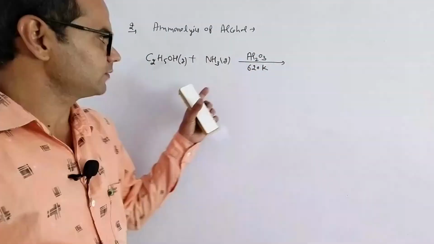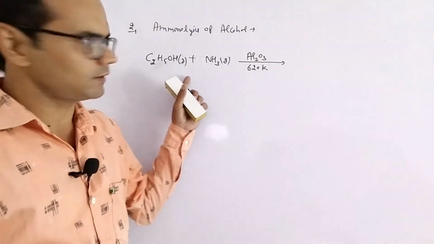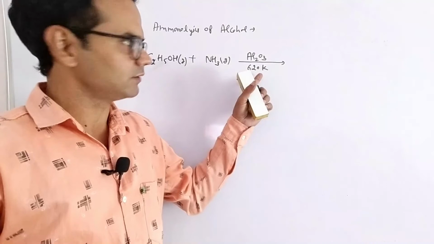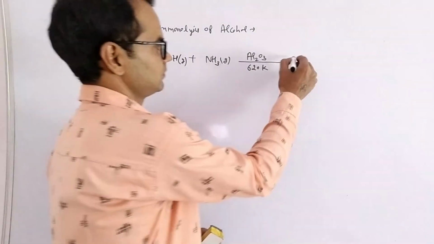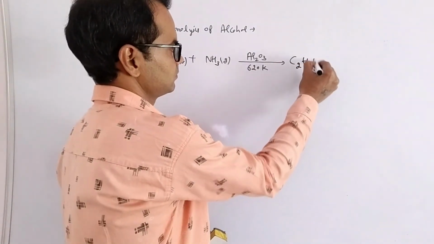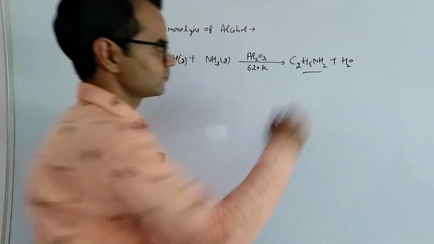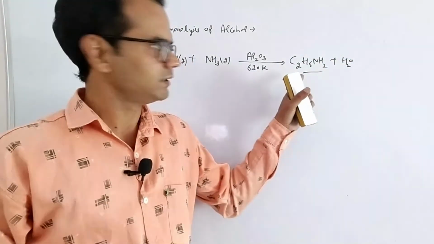In this reaction, vapors of ammonia and alcohol are passed over heated aluminium oxide at 620 Kelvin. As a result, primary amine is formed.